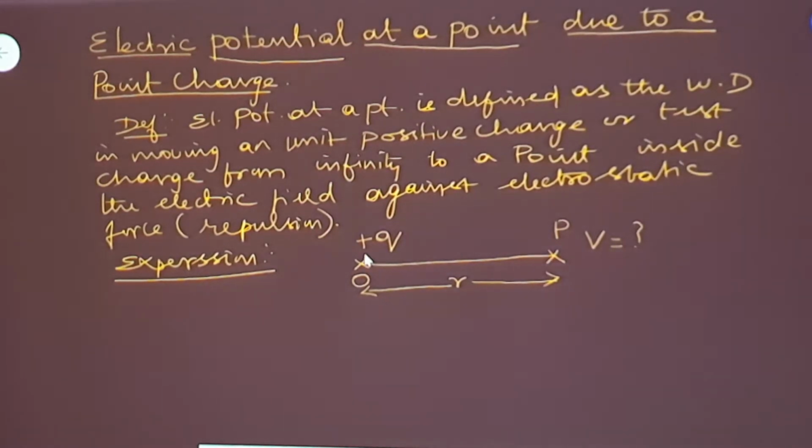We know that if you are having a positive charge, then around this charge you will be having an electrical field. So inside that electrical field at this point, what is the potential?